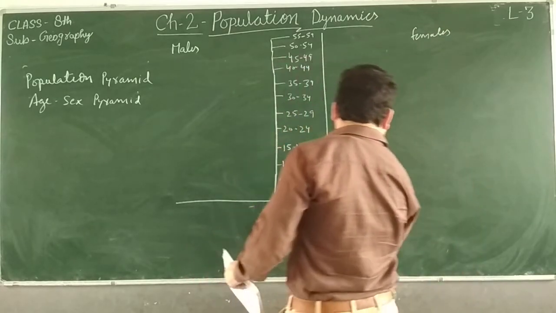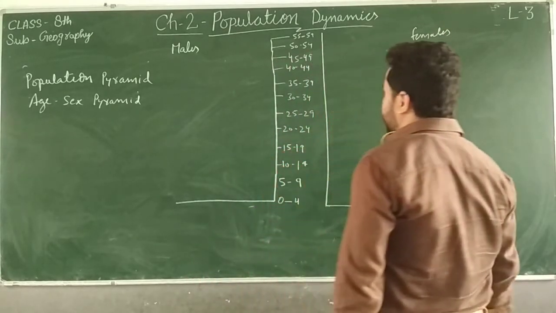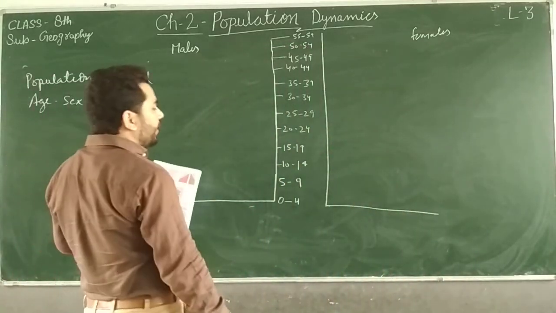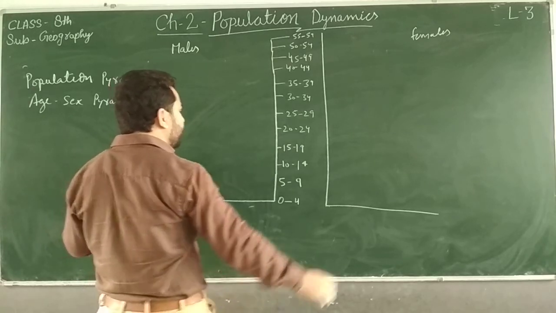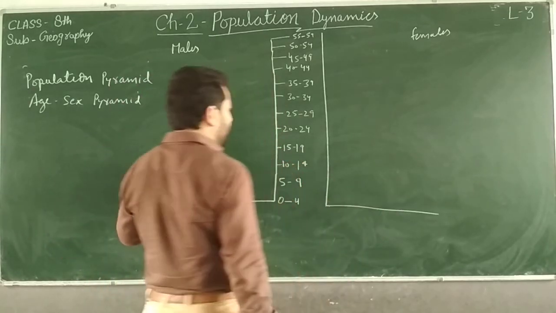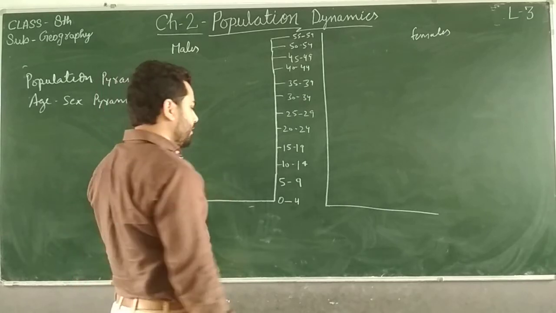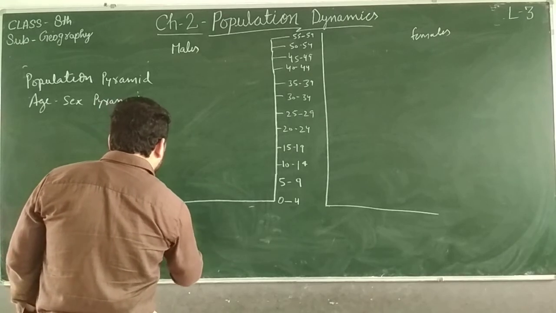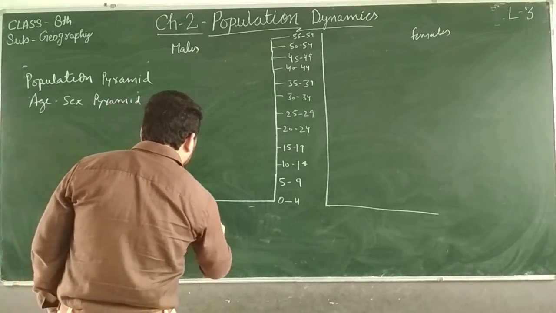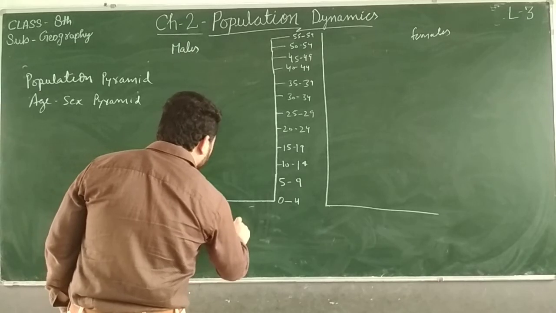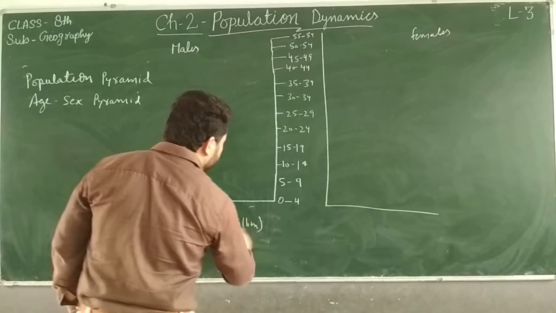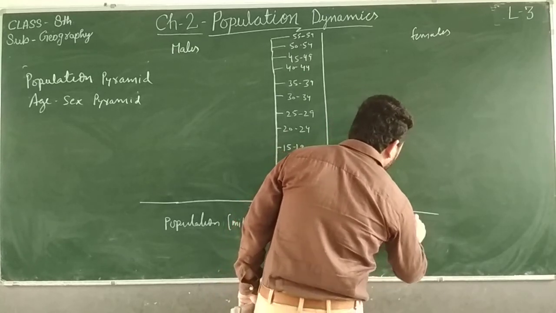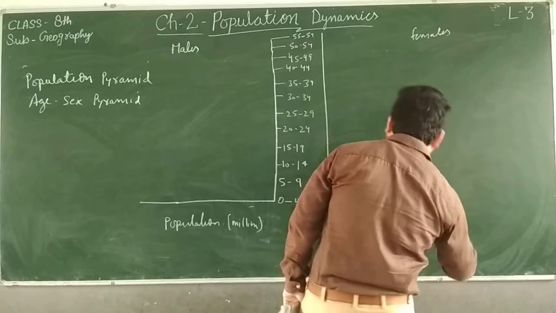So suppose in a country birth rate is higher, then the pyramid of that country will be broad at the bottom. Why? Because here we will write population in millions. Here also and here also, population in millions.